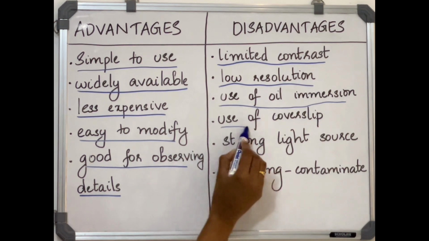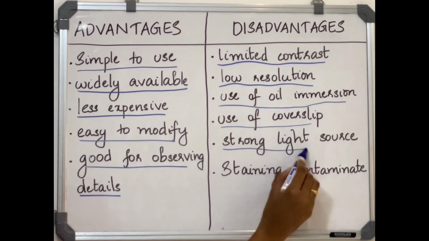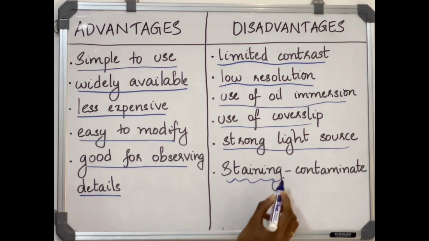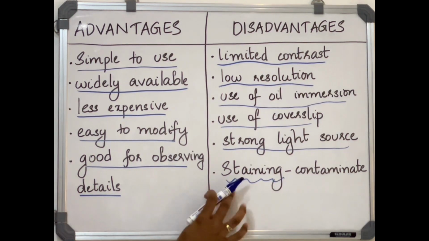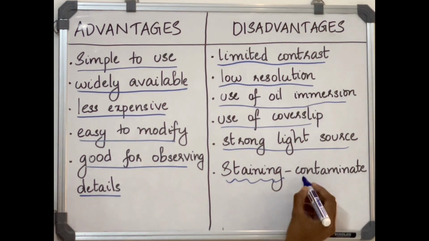Using a cover slip can damage the specimen. Also, these microscopes use a strong light source. This light will generate a lot of heat and it might damage or kill the specimen. And we stain the specimen to increase the contrast of the image, but this staining might introduce certain unwanted materials into the specimen and contaminate it.